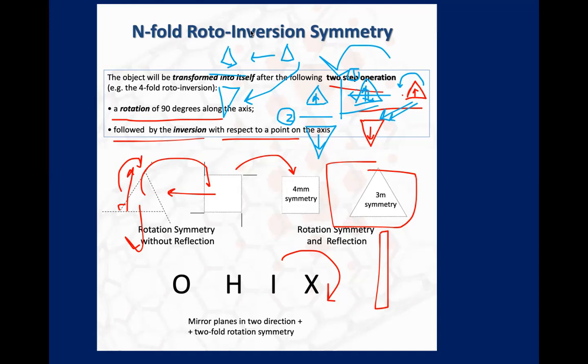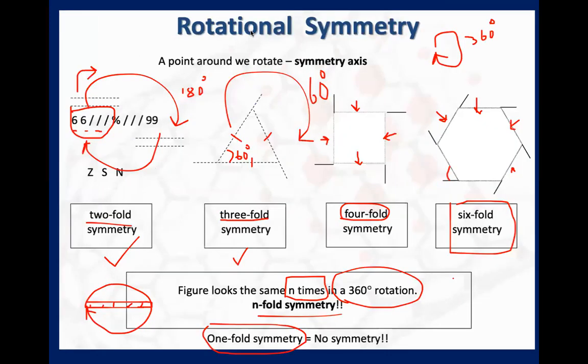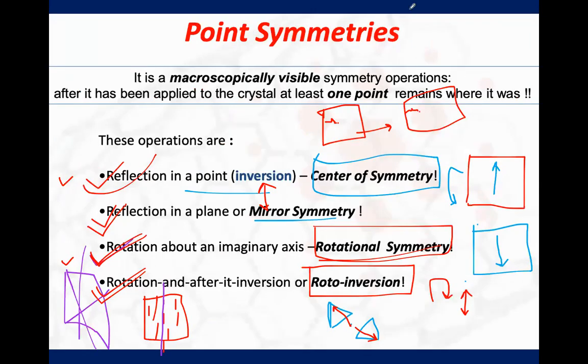So anyway, these are the basic symmetry operations that we have: inversion, mirror symmetry, rotational symmetry, and roto-inversion. Roto-inversion is a combination of two symmetric operations, right? It will look like you put two mirrors and get the shape done, right? It looks as if you did like that, okay? Right.